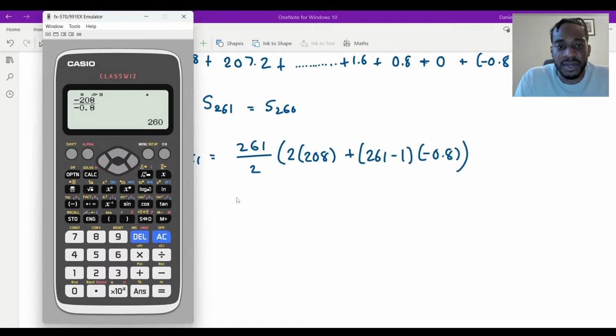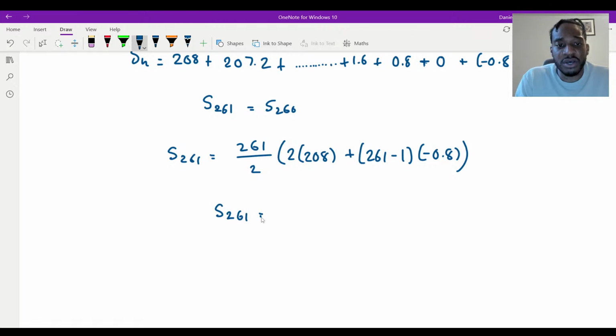It'll be 261 over 2, and then 2 bracket 208, and then plus 261 minus 1, and then minus 0.8. Let me just make sure everything's correct. Yeah, that looks good to me. And then I get this number here.